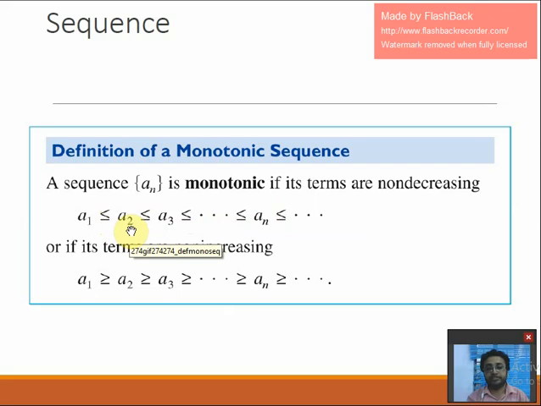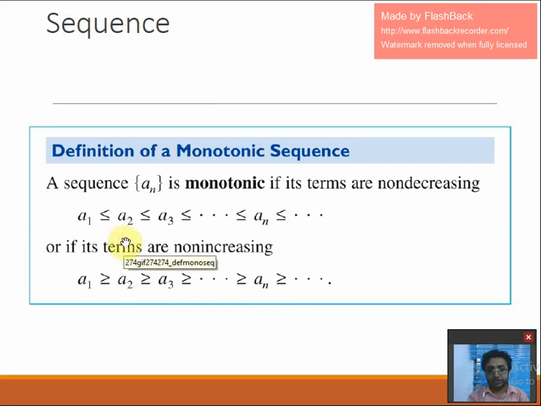Then we say the sequence is monotonically increasing. If the reverse holds, that A1 is greater than or equal to A2, greater than or equal to A3, then it is monotonically decreasing. A constant sequence can also be considered monotonic, because the equality sign is there.